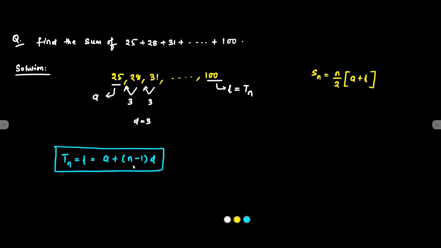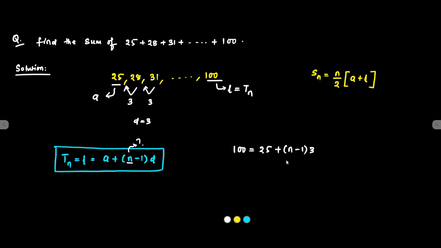We don't know this, so we'll substitute. We have 100, the last term, equal to A, which is 25, plus n, which is unknown, minus 1, into D, which is 3.